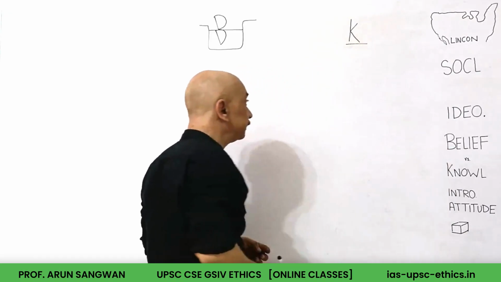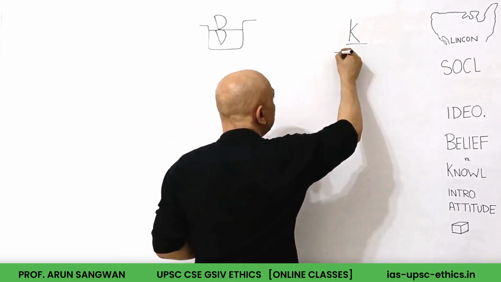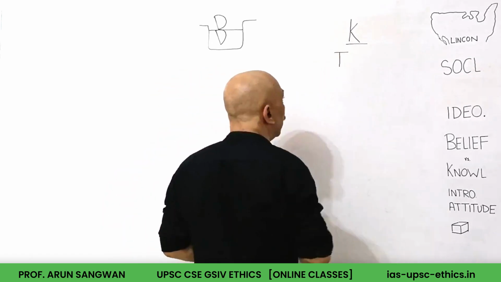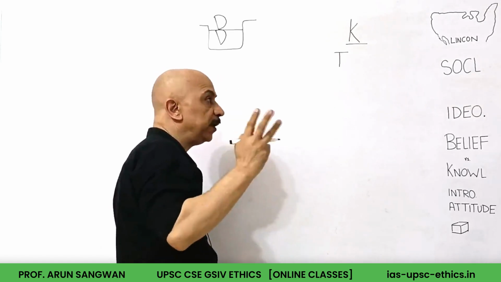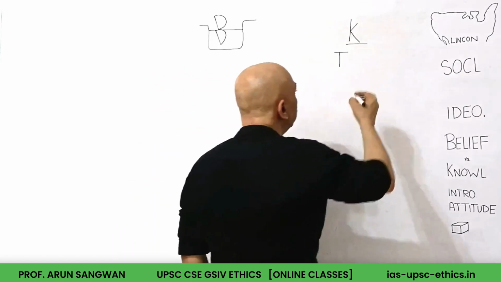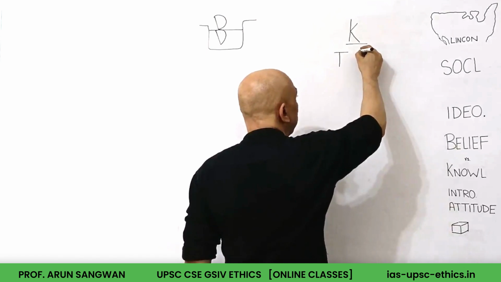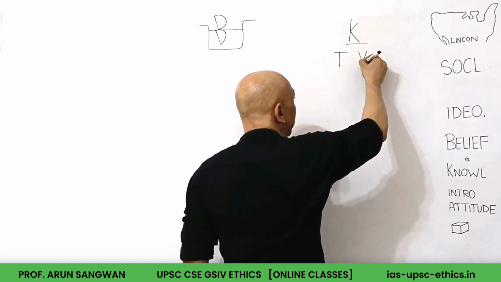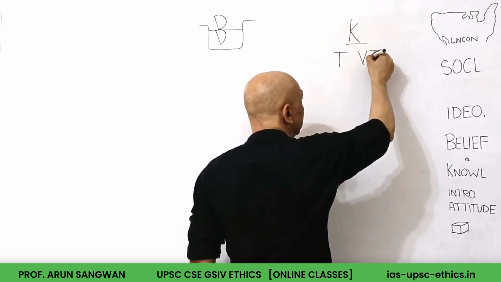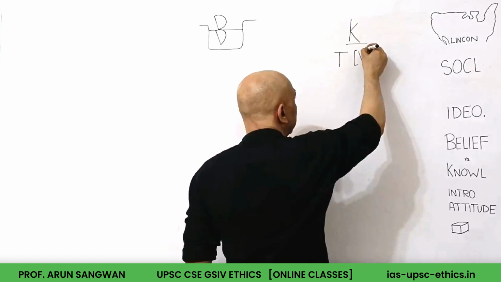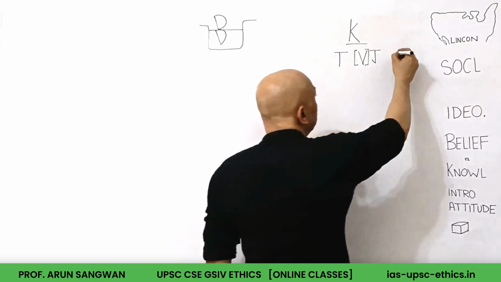Knowledge has three components. Therefore, we call it the tripartite theory of knowledge, the three-part theory of knowledge. One is truth. Second is verification. Normally we use a word called justification. So I can place it like this: justified beliefs.